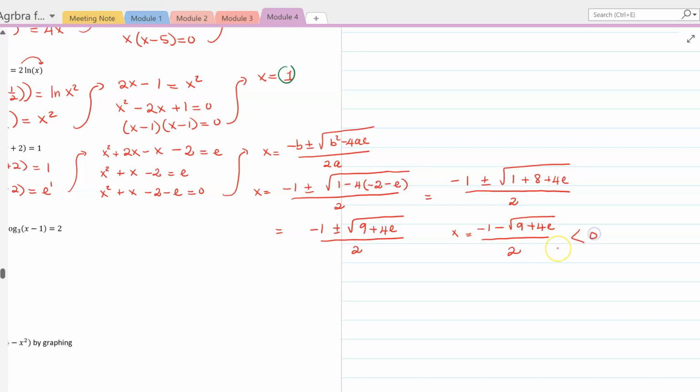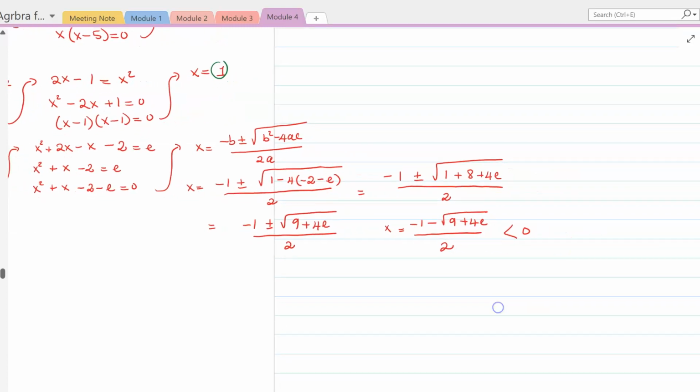So we have two solutions. x equals negative 1 minus the square root of 9 plus 4e, divided by 2, is less than 0, so this is not a solution. Whereas x equals negative 1 plus the square root of 9 plus 4e, divided by 2, is greater than 0, so it is a solution.